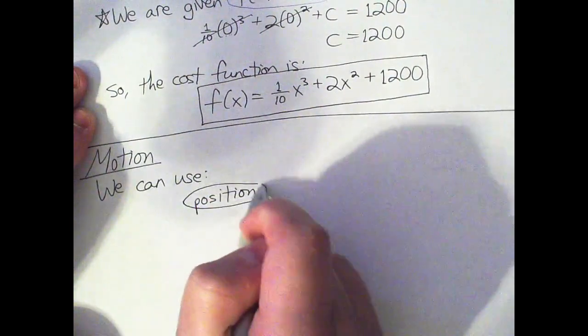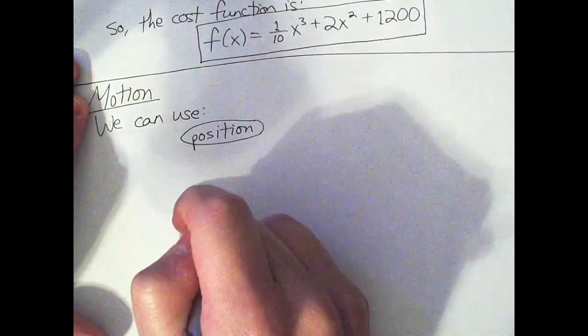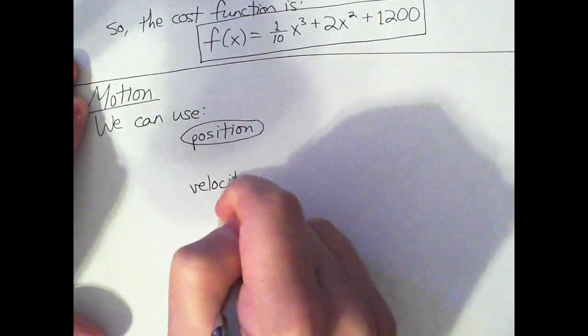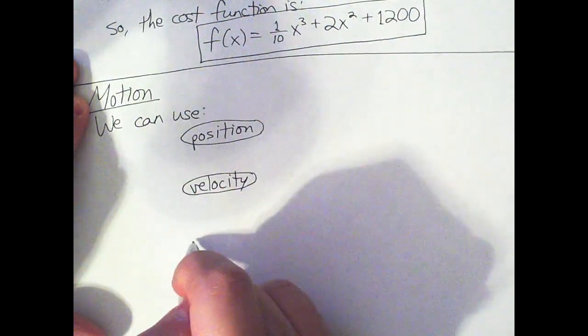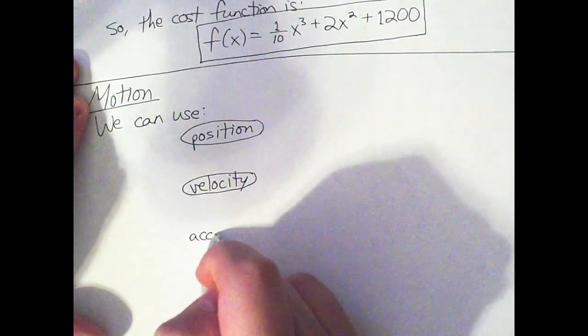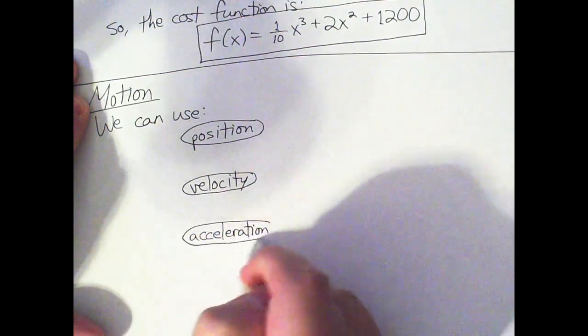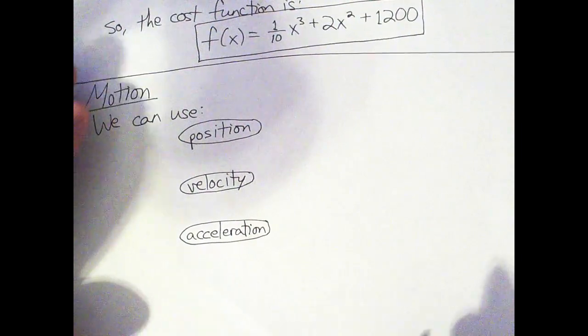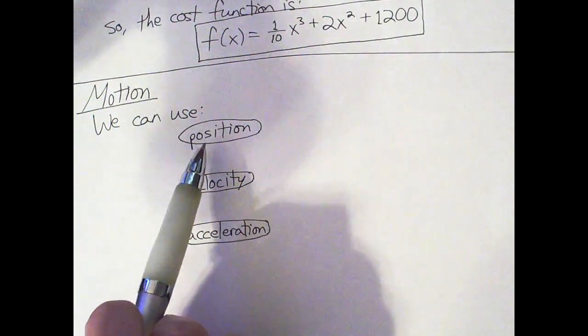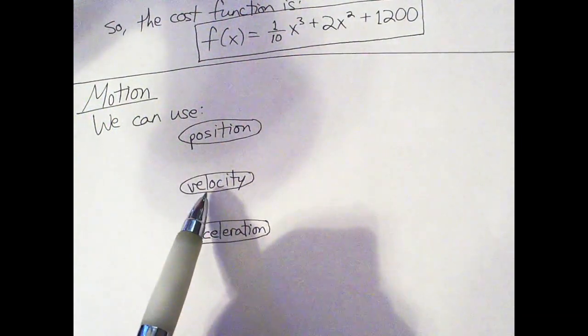So position, velocity, and acceleration. Earlier in the semester, I drew this diagram where I said we get from position to velocity by taking the derivative.